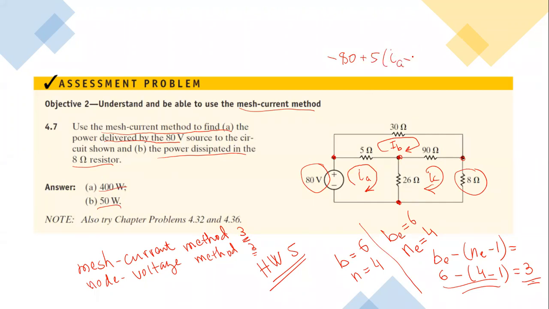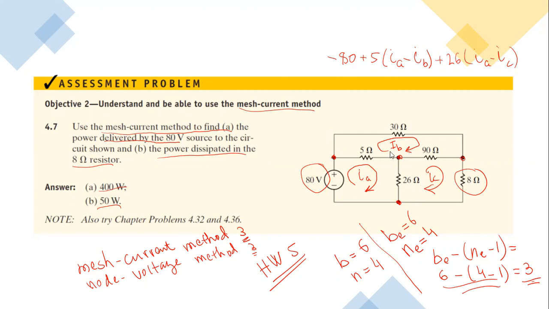So it will be IA minus IB. Is it clear for all of us? Yeah. And this current will be 26, so this will be plus 26 times IA minus IC. So this will be the first KVL written for IA.